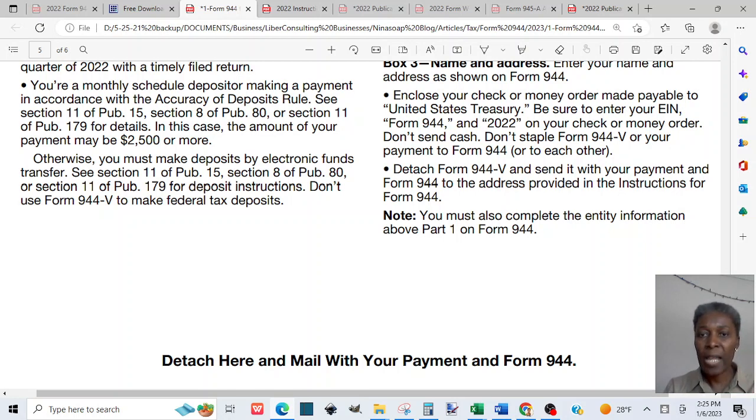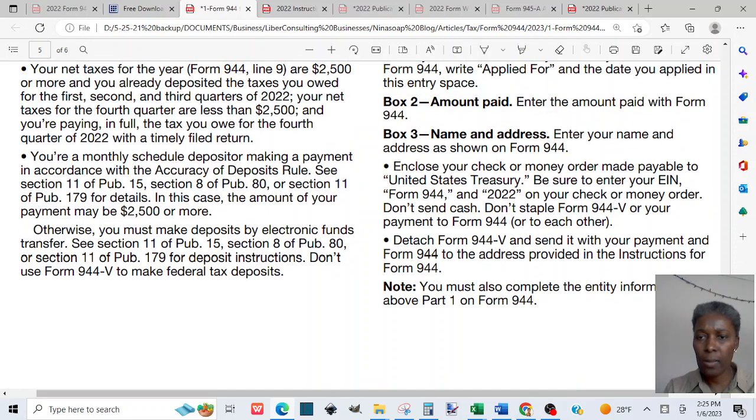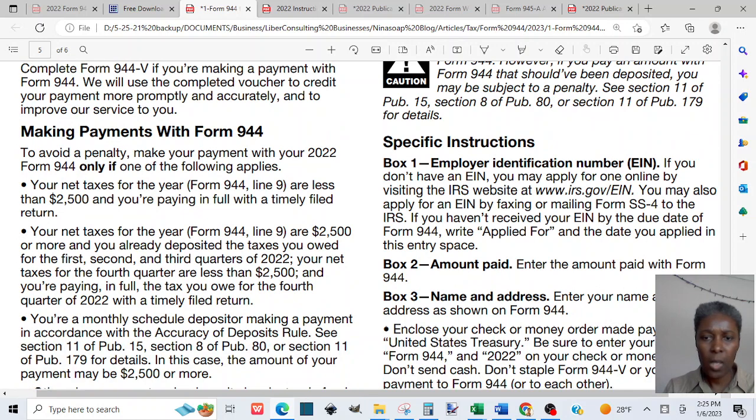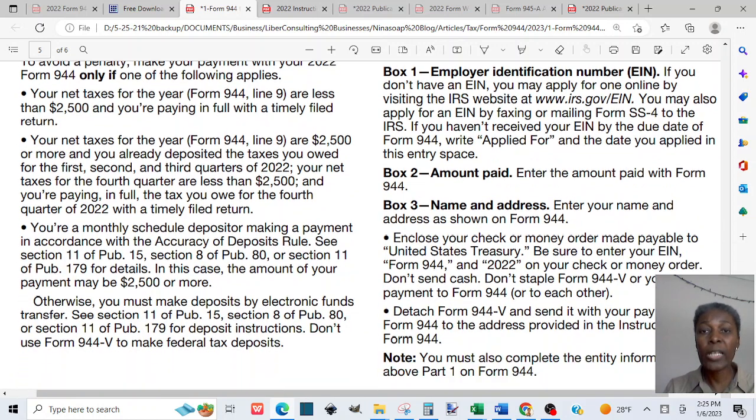They have instructions somewhere here. But anyway, when you are going to mail your payment with your Form 944, you will staple Form 944 all by itself, the three pages.